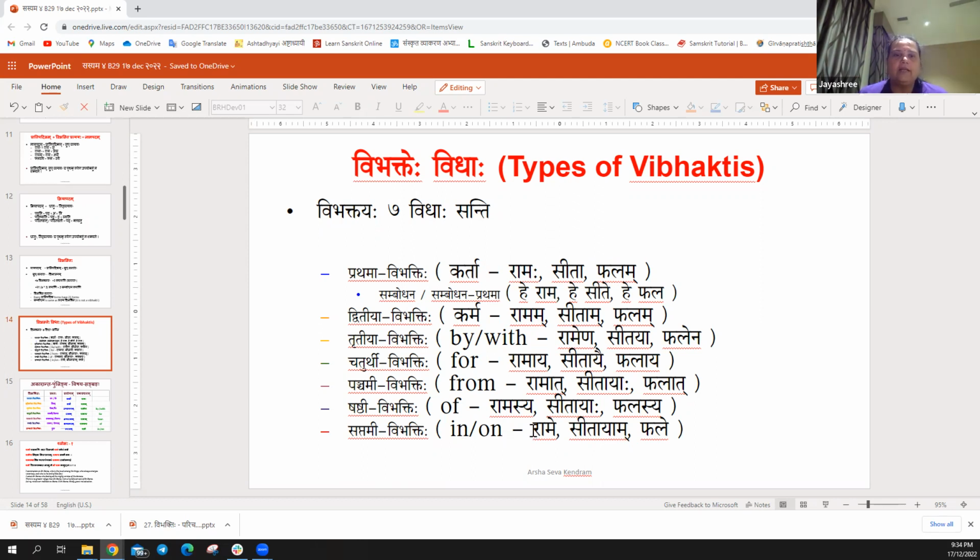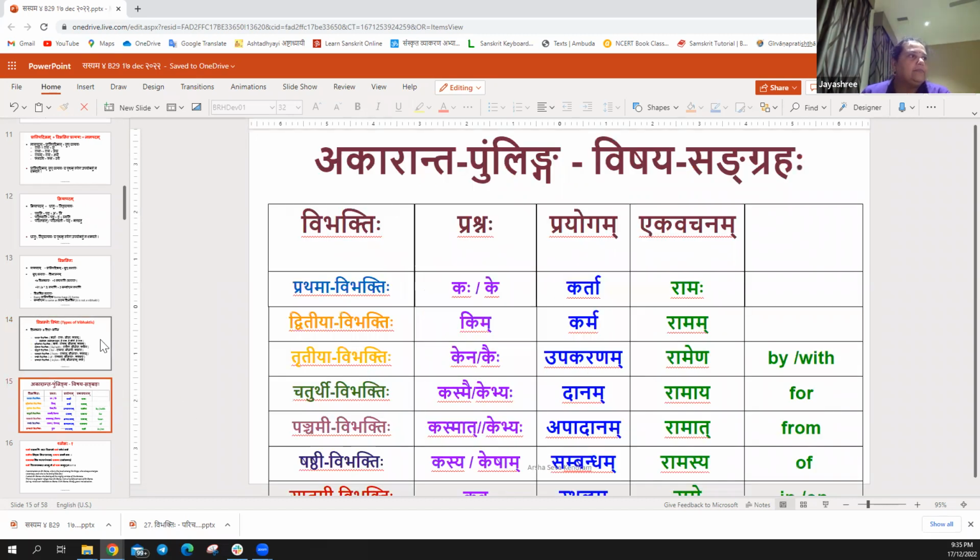When we form a sentence, we use all these vibhaktis. So when somebody says Ramaya, we should know that it's Chaturthi Vibhakti, Ekavachana. That comes later on when you form a sentence and we ask what Vibhakti, what Vachana it is. So these are the 7 plus 1 Vibhakti. We'll go to the next one.